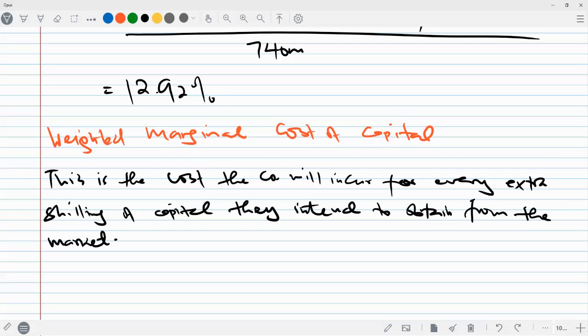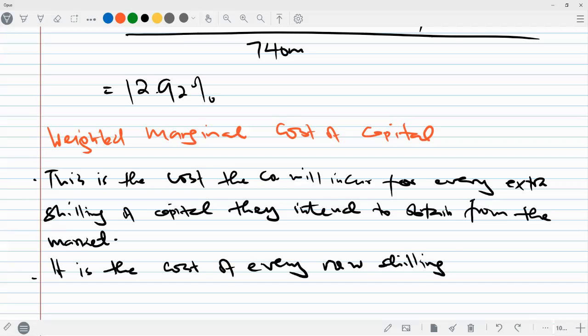So it is the cost of every new shilling raised from the market.